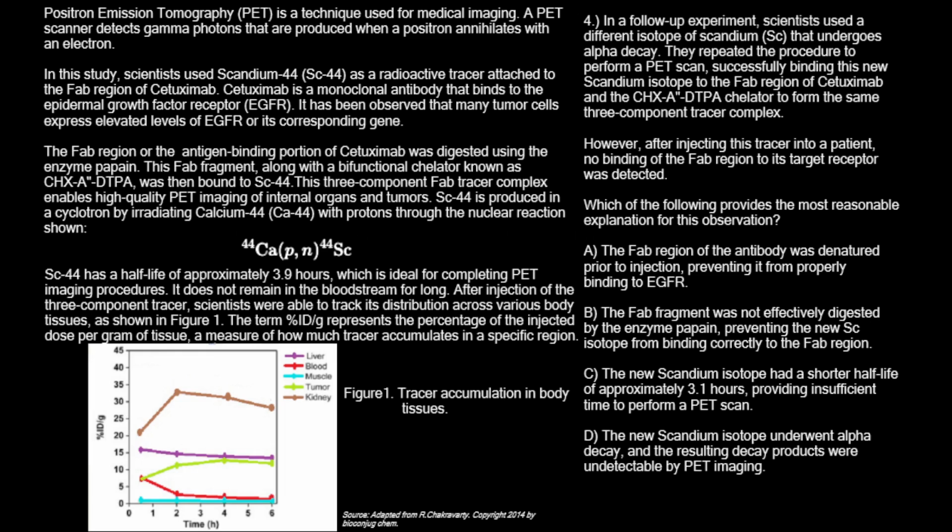Answer choice C says the new scandium isotope had a shorter half-life of approximately 3.1 hours, providing insufficient time to perform a PET scan. Answer choice D, the new scandium isotope underwent alpha decay, and the resulting decay products were undetectable by the PET imaging.